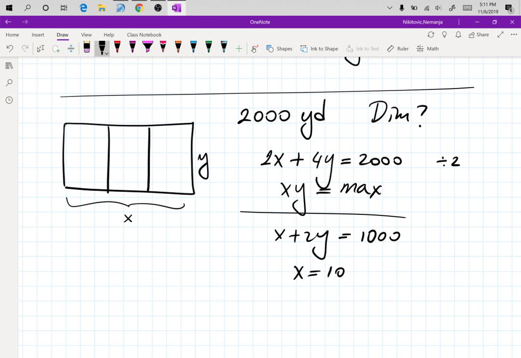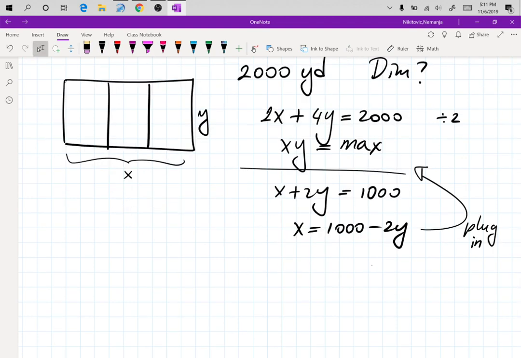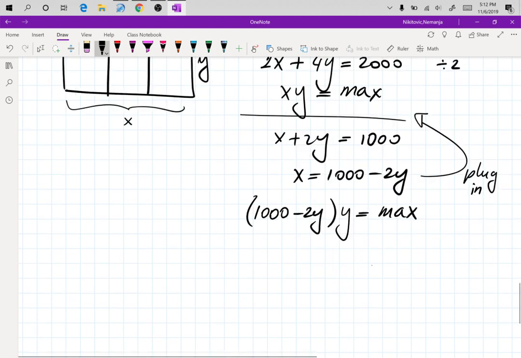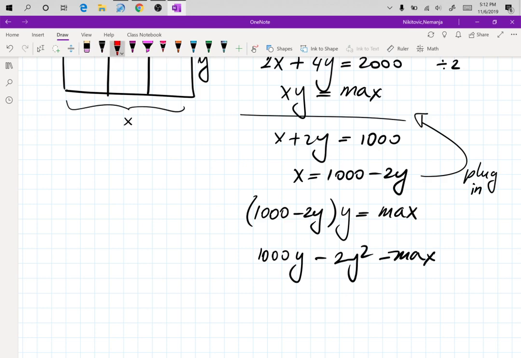X is 1,000 minus 2y. And now we plug in. So we have 1,000 minus 2y times y equals a max. 1,000y minus 2y squared equals a max. And we differentiate with respect to y.